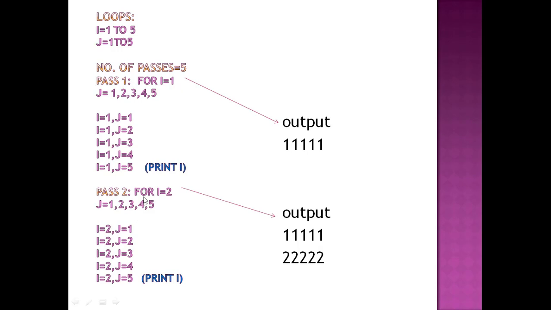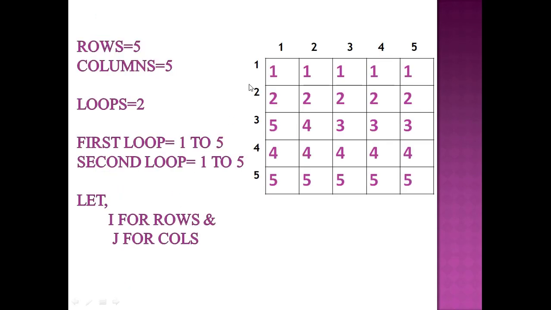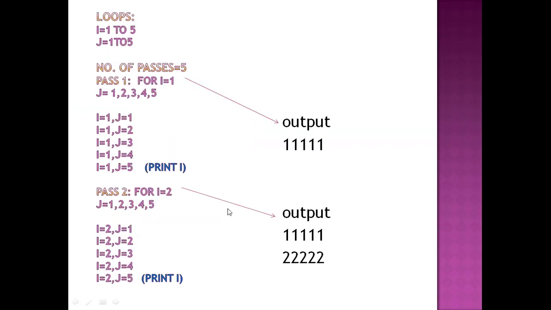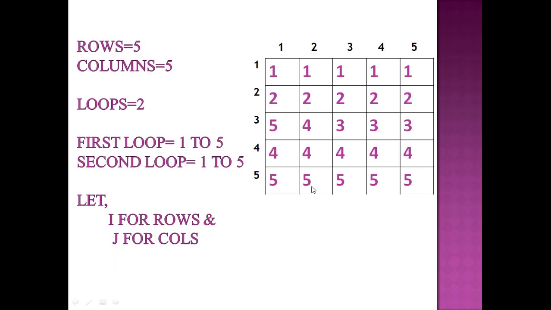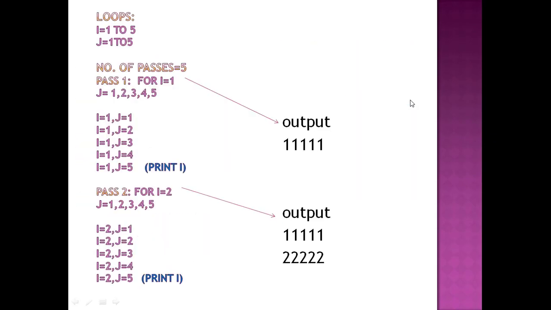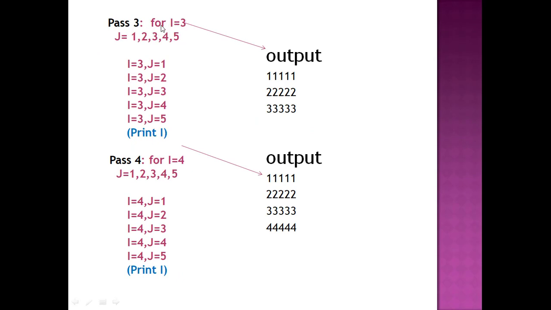Similarly for pass 2, the value of i becomes 2 because it is the second row. For the second row, how many values of j are there? 1 2 3 4 5 values of j. Also in this case we will print the value of i. And what is the value of i in this case? 2. So 2 will be printed 5 times. Similarly for pass 3, i becomes 3 and the row is 3.